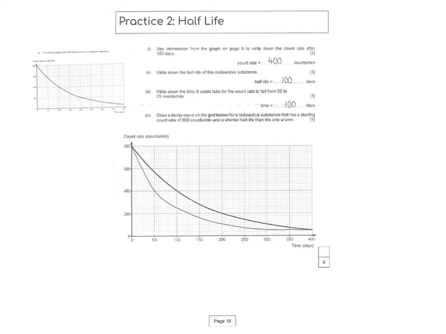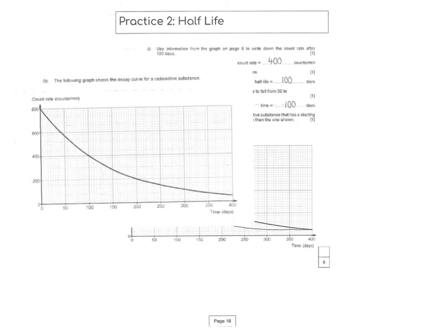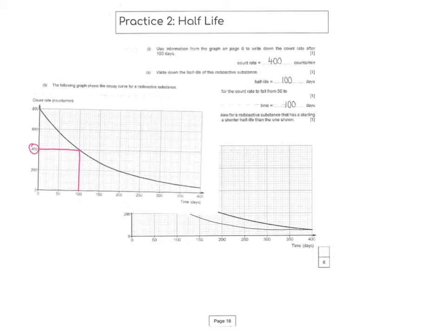Use information from the graph on page 6 to write down the count rate after 100 days. So if I zoom in, after 100 days, I would go up and then across, which would give me a count rate of 400.